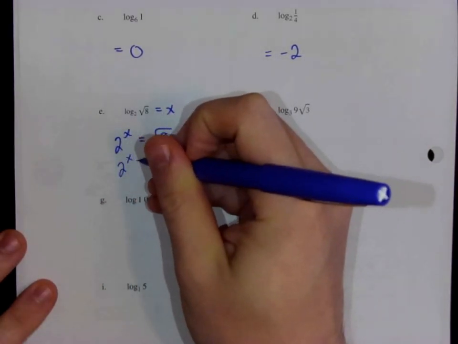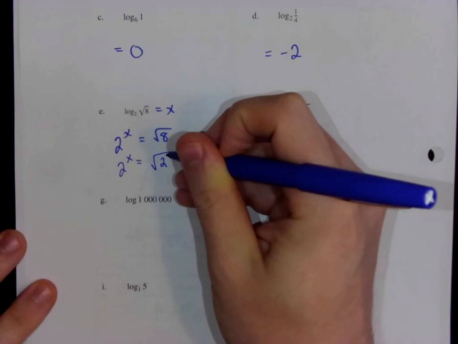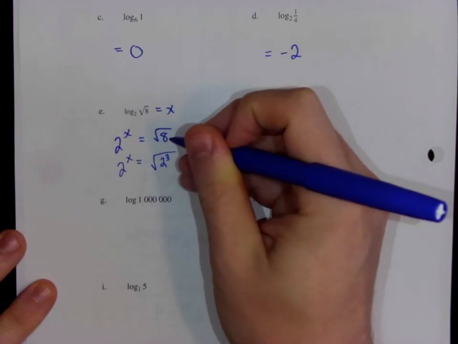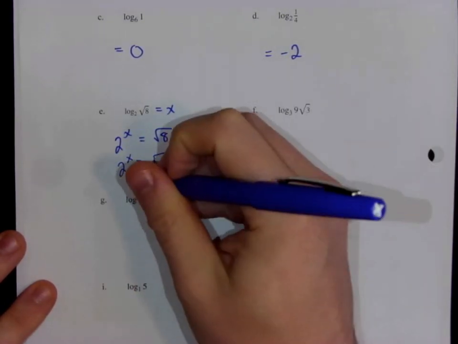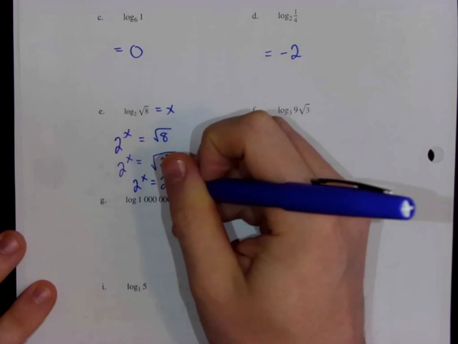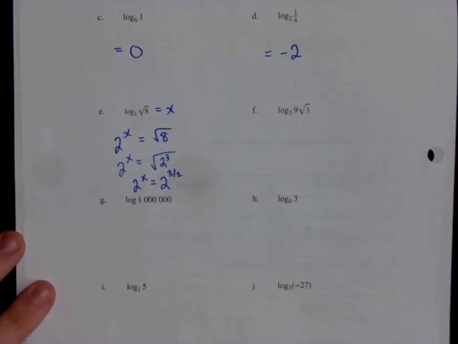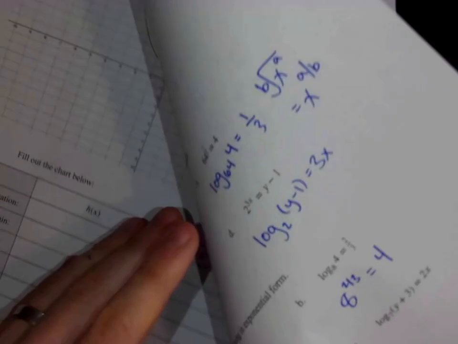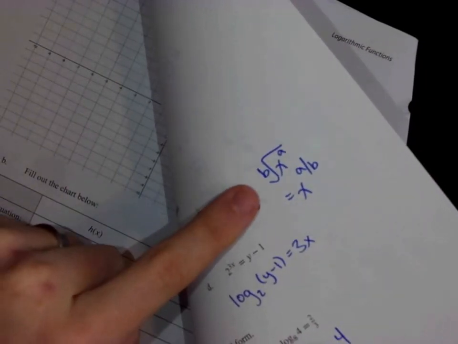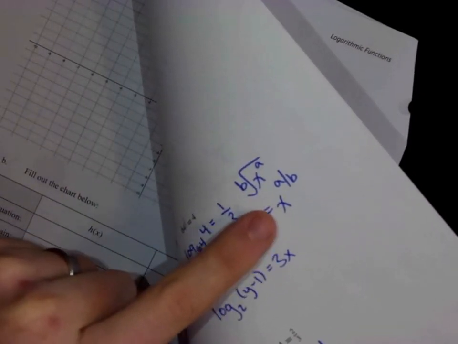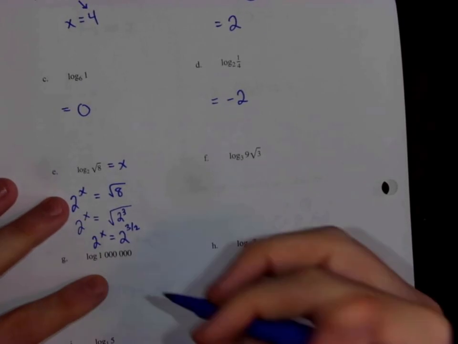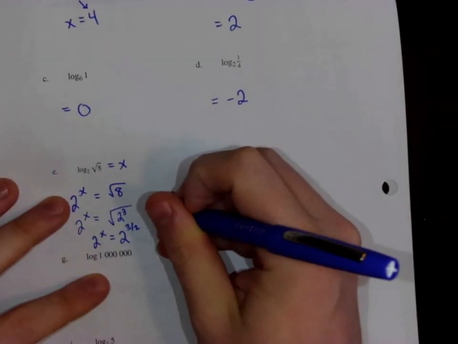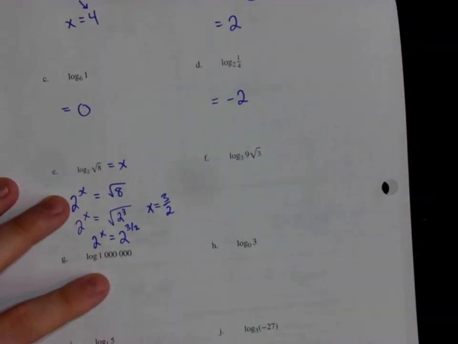Well, 2 to the x equals 2 cubed with that square root around it, because that's what root 8 equals. And 2 to the x equals 2 to the power of 3 over 2. There's that mini formula I told you guys is going to pop up, which is right there: the b root x of a is x to the power of a over b. So x in this question equals 3 over 2.